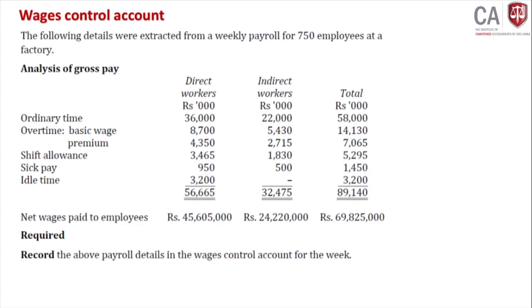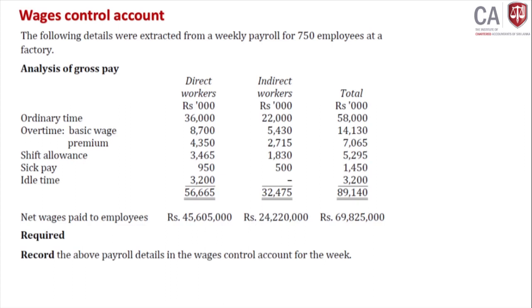OT premium means we did more OT than planned, due to inefficiencies, so it goes to overhead. Remember, OT premium irrespective of direct or indirect goes to overhead, not to the WIP account. Only the normal OT of direct workers goes to WIP.